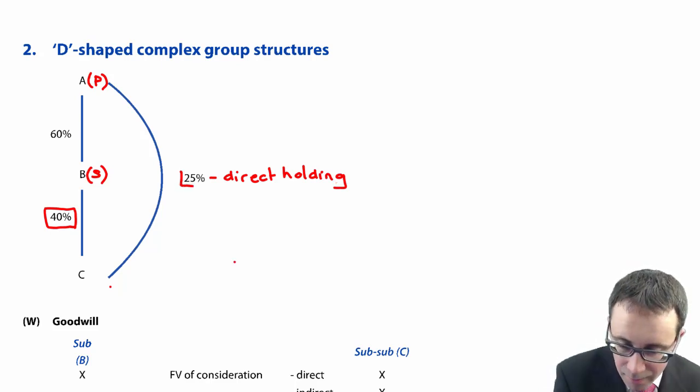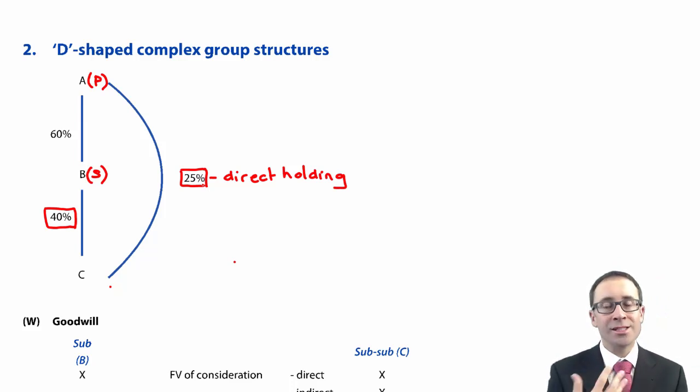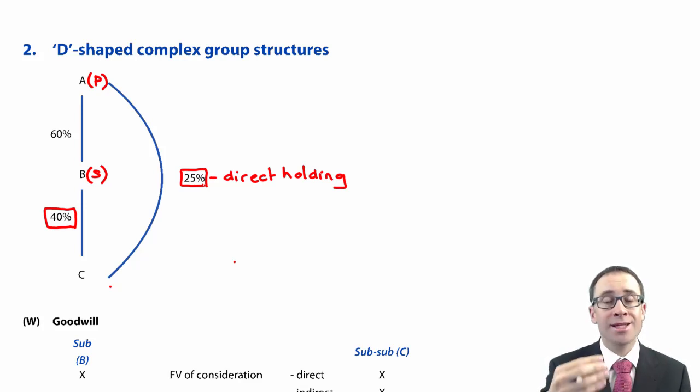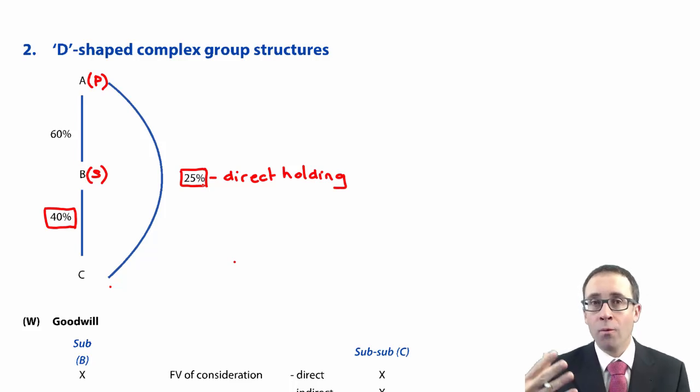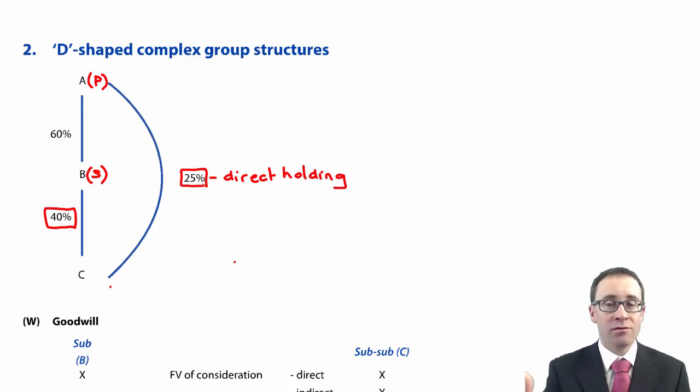Because if A can cast 25% of the votes in C, and if B can cast 40% of the votes in C, now don't forget that A controls B, so A can tell B how to vote when it attends the meetings in C. A will vote in its own way, which presumably will be in the same way that they've told B to vote.